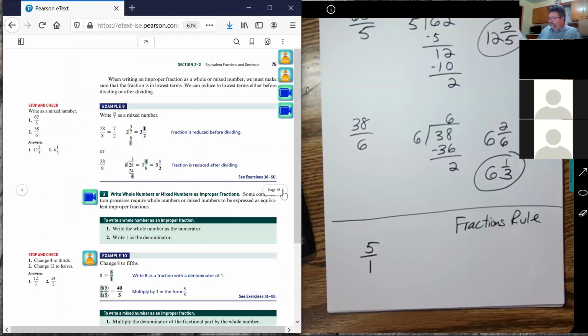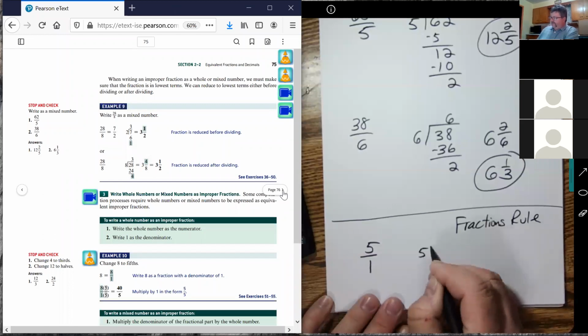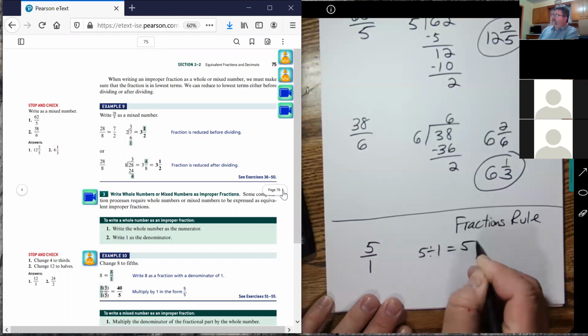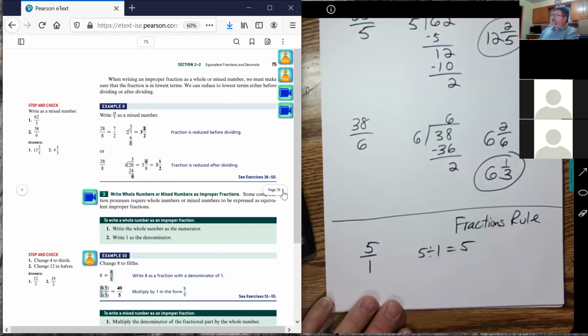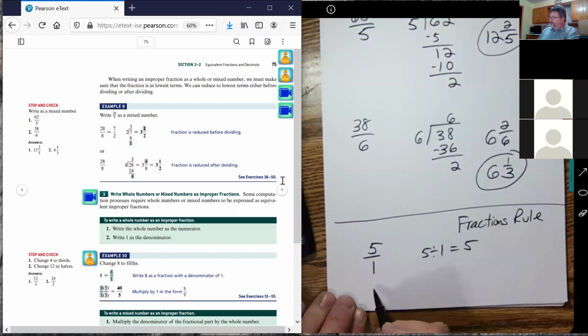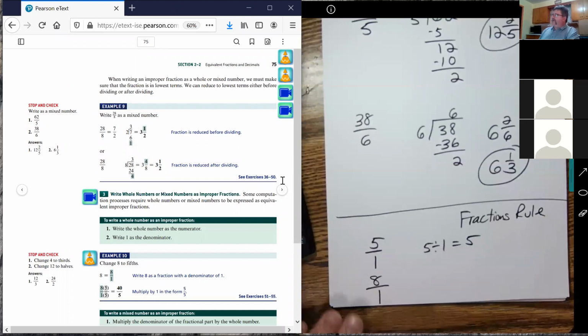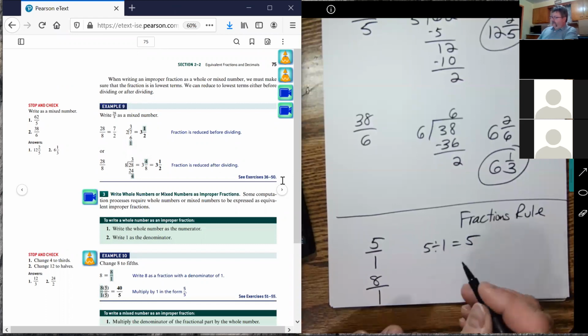Can I do that? Yes, because what does that mean? It means 5 divided by 1, and last time I checked, that was still a 5, right? So I can always slap a denominator of 1 over any number, 8 divided by 1, anything divided by 1. I can turn a whole number into a fraction, or into an equivalent fraction, if I want to.